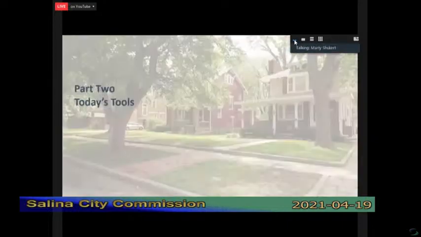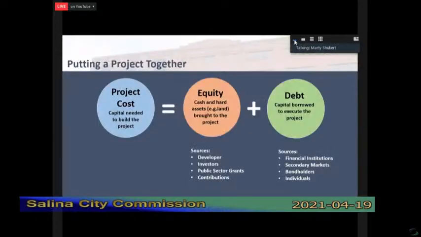So now we come to part two, today's tools, and what we are thinking about working with and what's within our control today. So a little bit of a primer here on who the actors are and what these costs mean. And I know people are listening in the general public, so this may be helpful in terms of defining some of these terms.